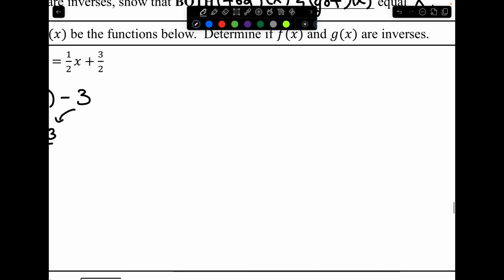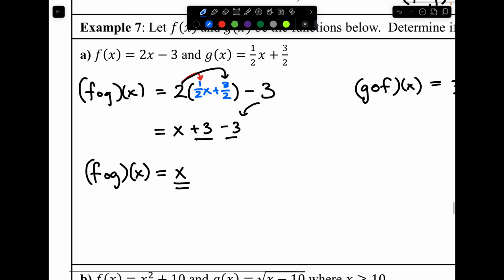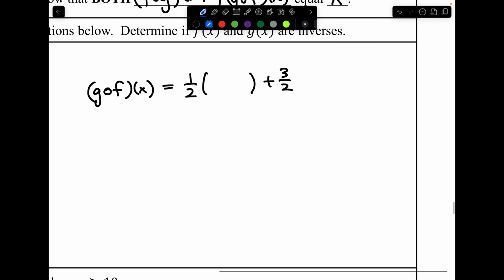So now let's do g of f of x. Starting off, g of x is 1/2 times our x value plus 3 over 2. And what I'm going to do here is replace the x value with f, so 2x minus 3.